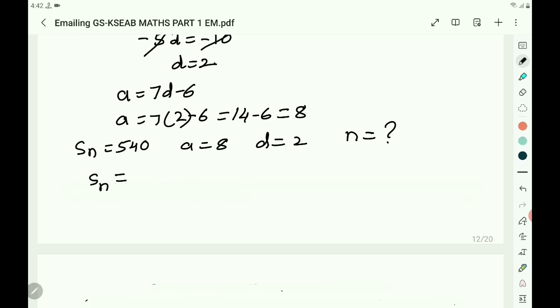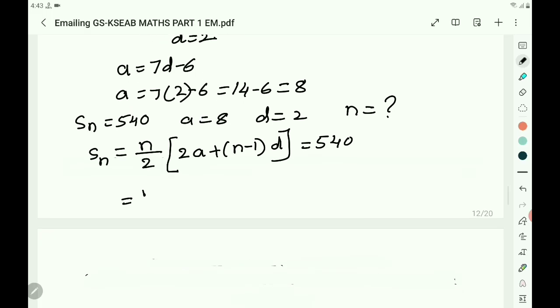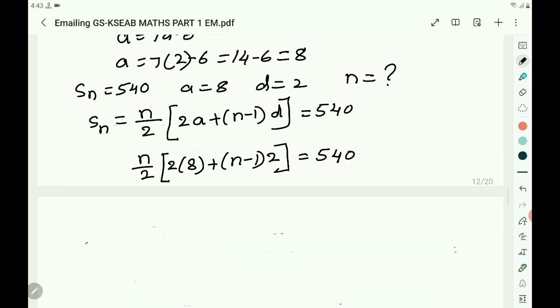Sn equals n by 2 into 2a plus n minus 1 into d equals 540, that is n by 2 into 2a is 2 into 8 plus n minus 1, d is 2, equals 540.